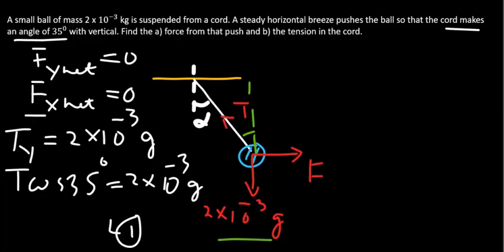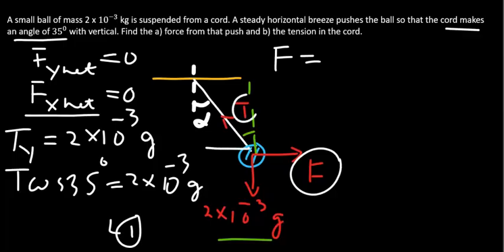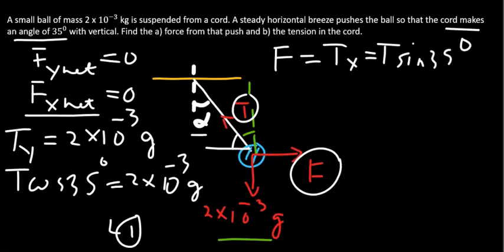The second equation is by considering the net force along the x direction to be 0. So that means the horizontal F that we want to find equals the x component of the tension. So the x component of the tension is T times sine of that angle, so sine of 35 degrees.